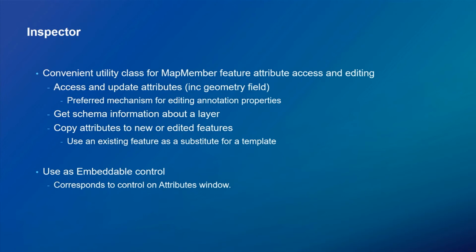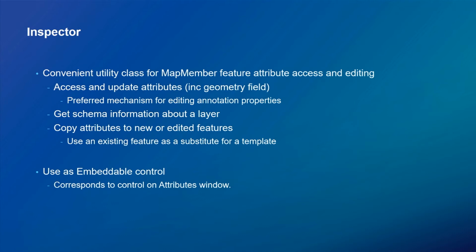And you really just load it up with a particular layer and OID or a layer and OID set. And so you can access any of the attributes or set any of the attributes, including the geometry field, using this inspector paradigm. There's also a way to get schema information about a layer or to be able to copy attributes from a new or edited feature.